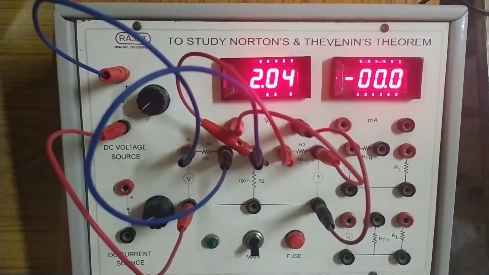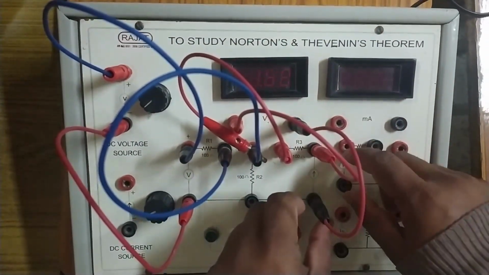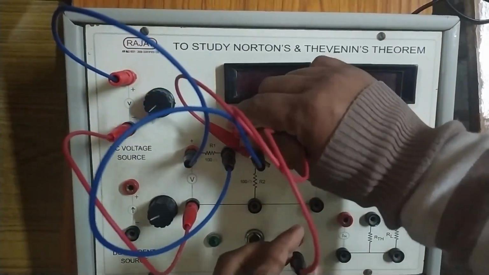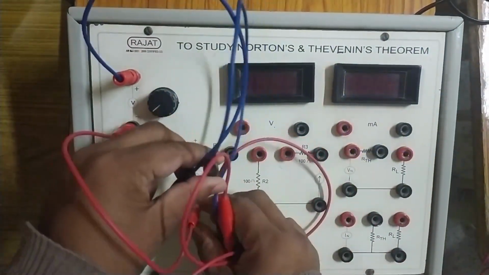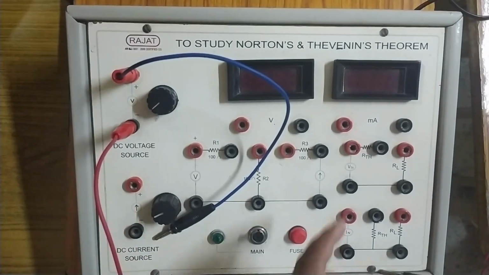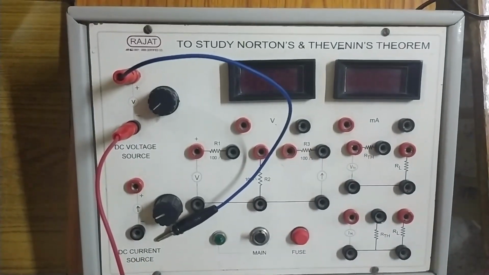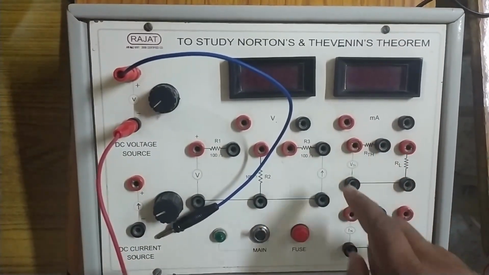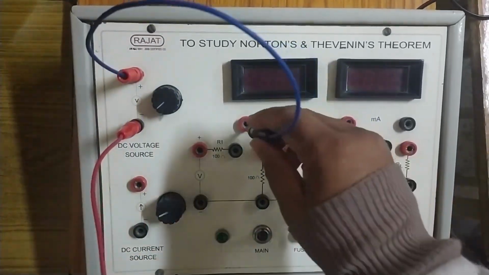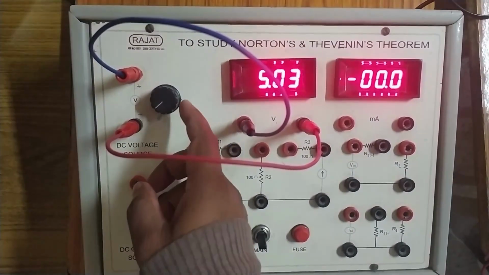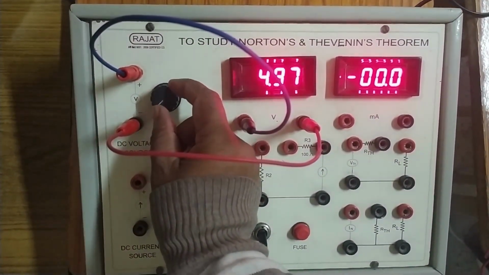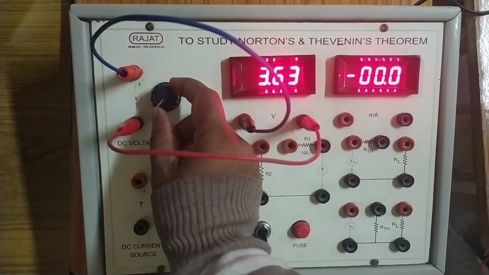So now we will complete the Thevenin's equivalent circuit by feeding the value of VTH equal to 2.02 volts to this circuit, right? For that, we will again connect it to the voltmeter. We will make it 2.02 or 2 volts.